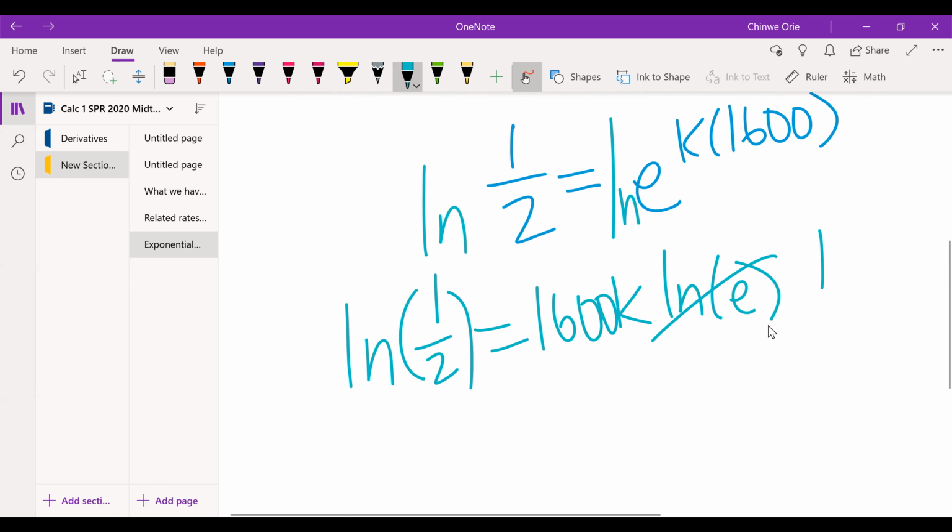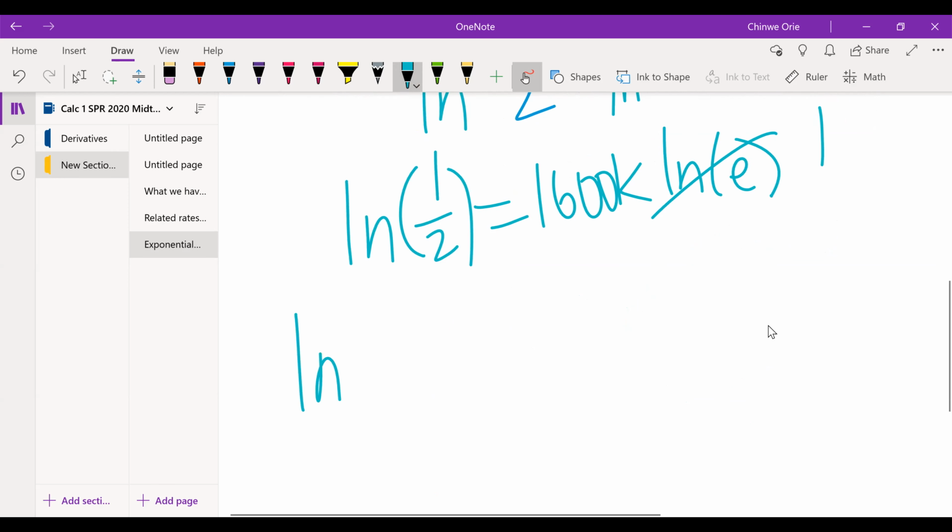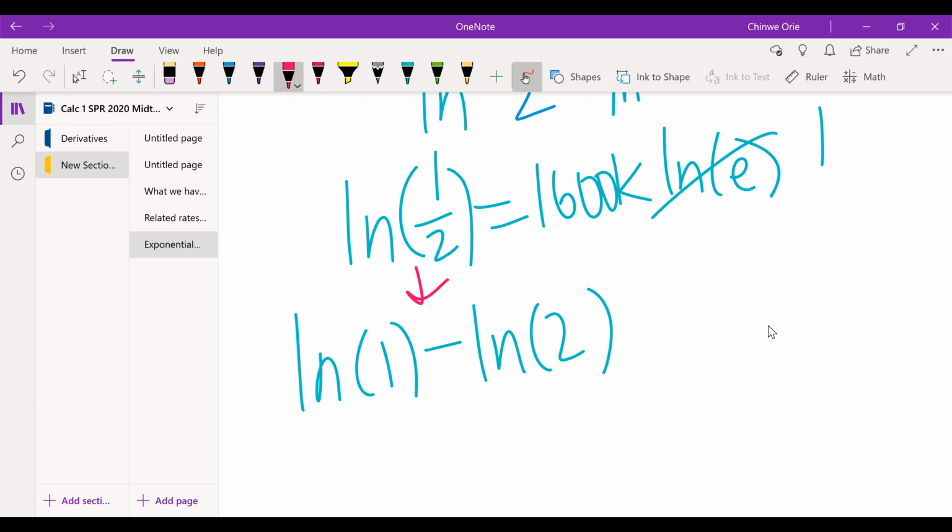So this is where the negative will come in. From your property, that's just a review of a logarithmic property: if you've got two numbers divided by each other within a natural log, you can split them up into the top number minus the other number, like this. That make sense?